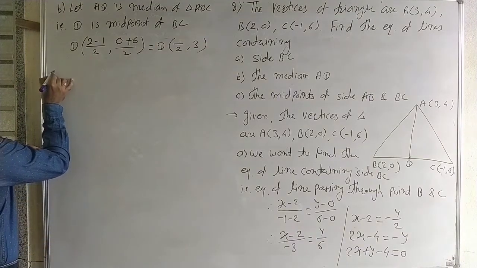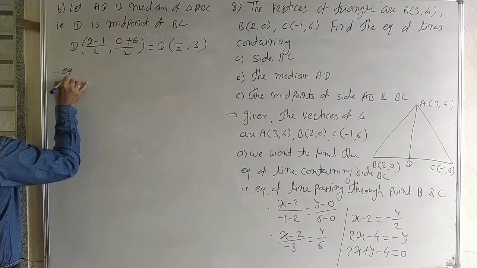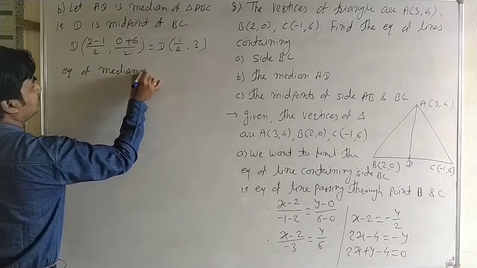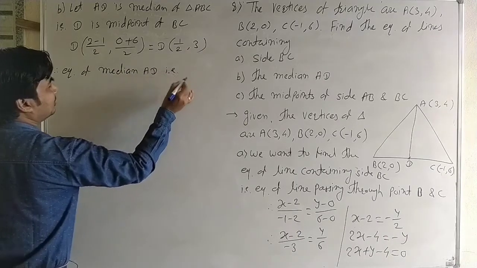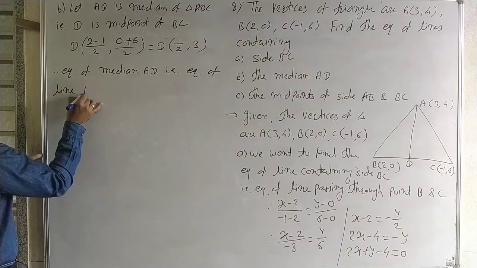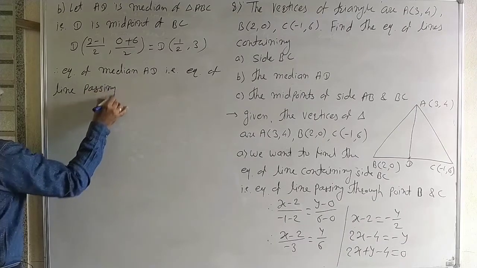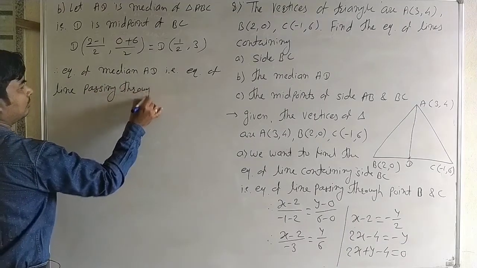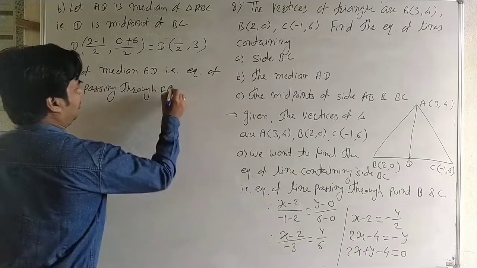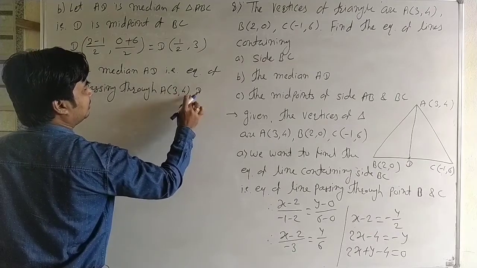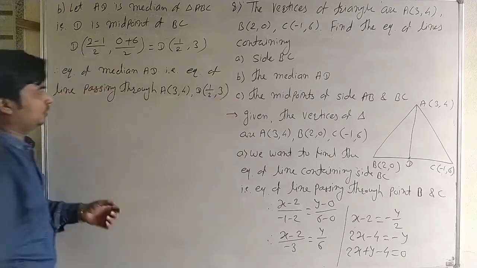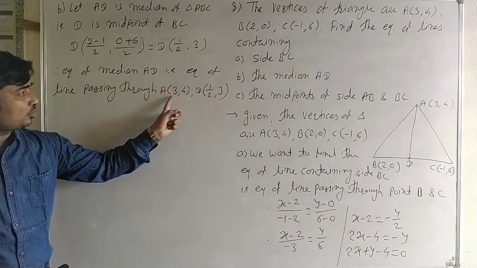Now we find the equation of median AD, that is the equation of the line passing through A (3,4) and D (1 by 2, 3), with x1 y1 and x2 y2.